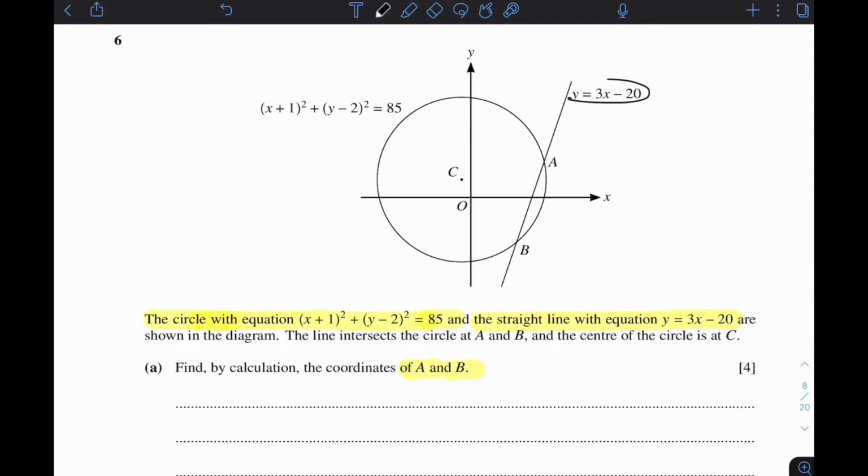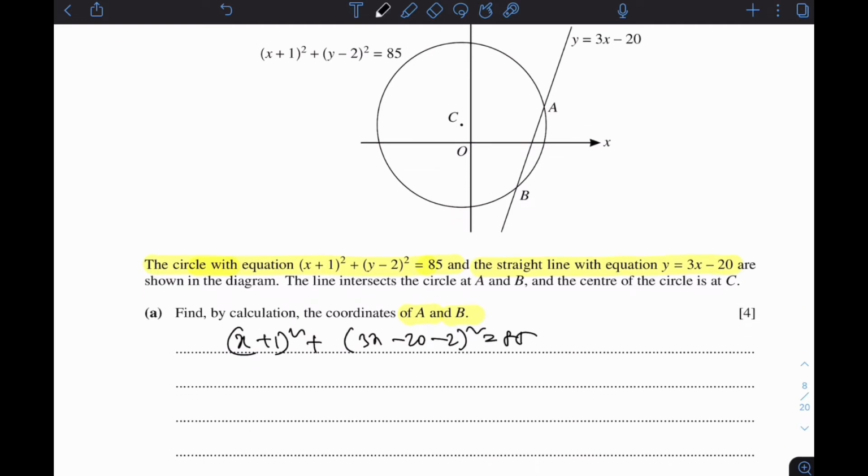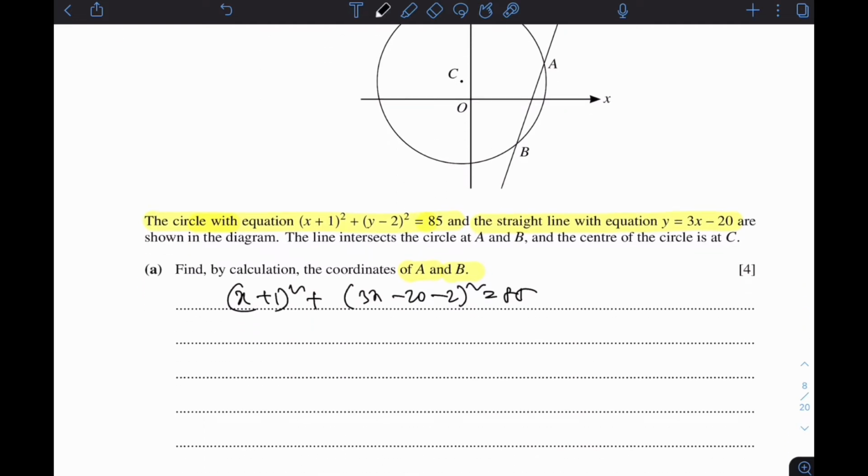Since this part is meeting with that, we can substitute there. So (x + 1)² + (3x − 20 − 2)² = 85. If we simplify this, x² + 2x + 1 + (3x − 22)² = 85.